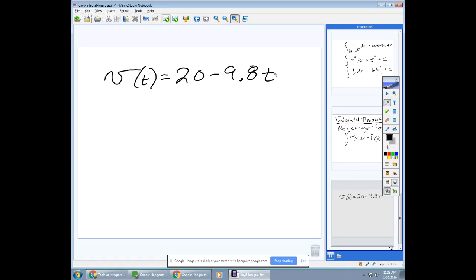The 20 would be an initial velocity of 20 meters per second. So I threw something straight up in the air at 20 meters per second, and the negative 9.8 is gravity trying to pull it back down. This is related to the force due to gravity.